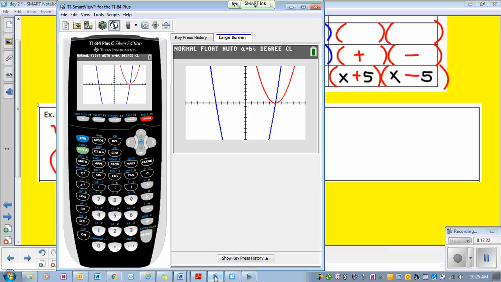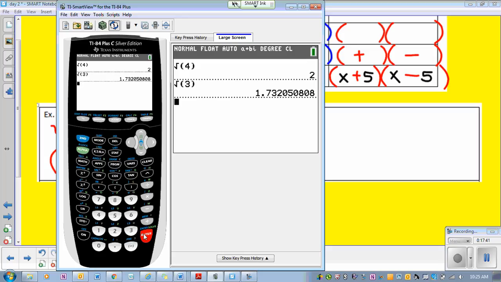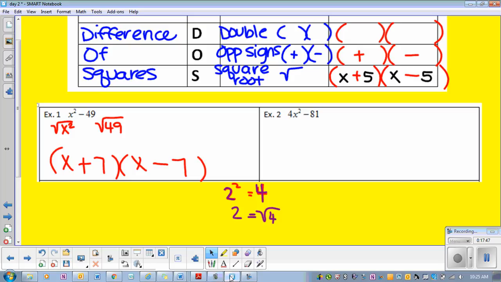You could say a number squared gives me 4, right? You can also do this: square root of 4, you get a nice pretty number. Then it's a perfect square, okay? What about 3? Square root of 3. Is that a perfect square? No, because it gives you a decimal. We don't want decimals. Alright?